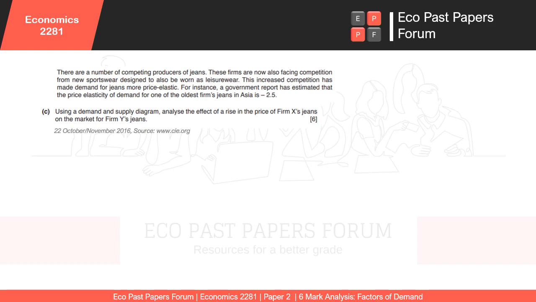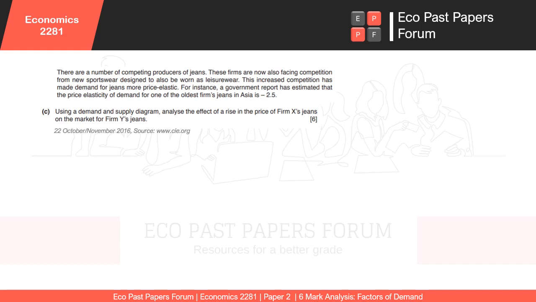Before we start solving the question, let's read the question. There are a number of competing producers of jeans. These firms are now also facing competition from new sportswear designed to also be worn as leisure wear. This increased competition has made demand for jeans more price elastic. For instance, a government report has estimated that the price elasticity of demand for one of the oldest firm jeans in Asia is minus 2.5.